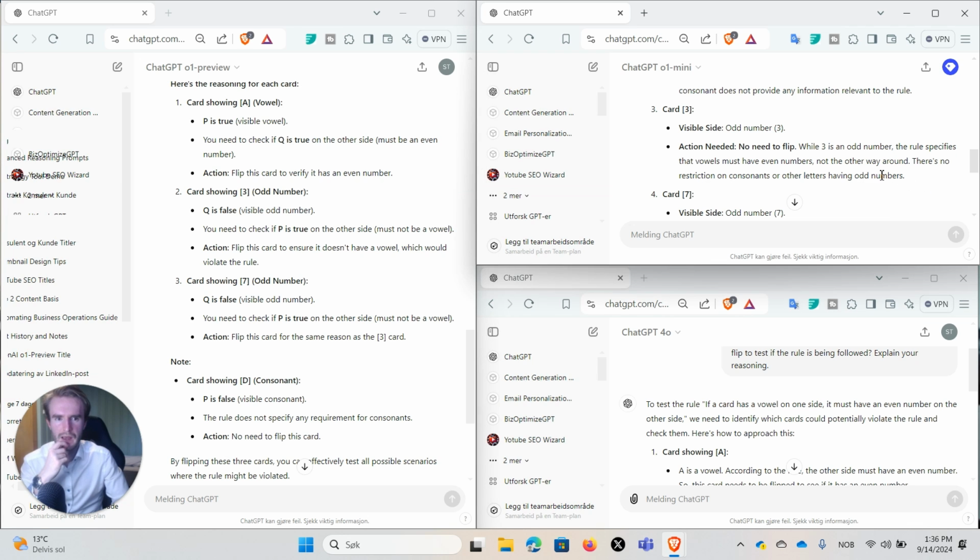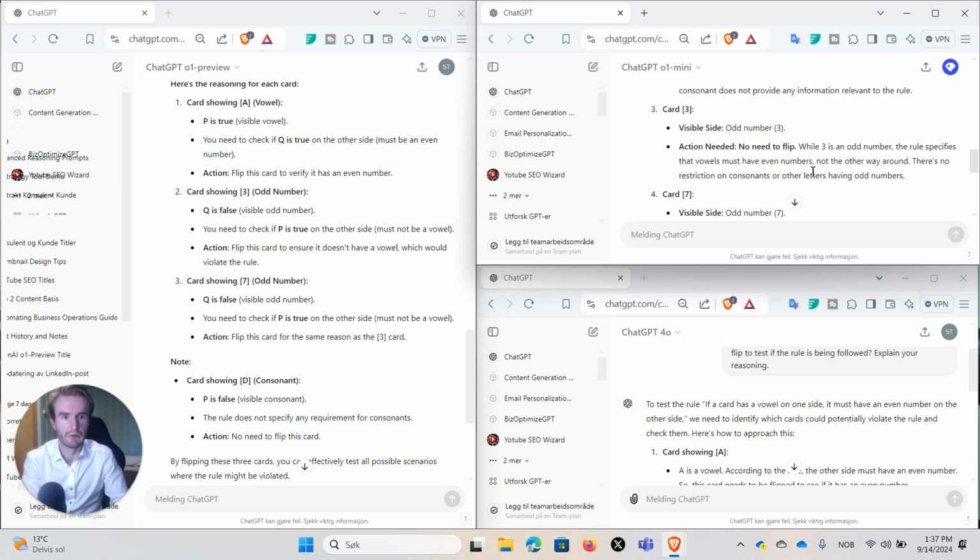Okay, so it has a different understanding of the assignment between O1 Mini and O1 Preview in this case, where it takes the same rule as a basis, but it applies or interprets it differently. In this case, it assumes that it has to be checked on the other side, must not be a vowel, while here it says that it only applies to vowels.